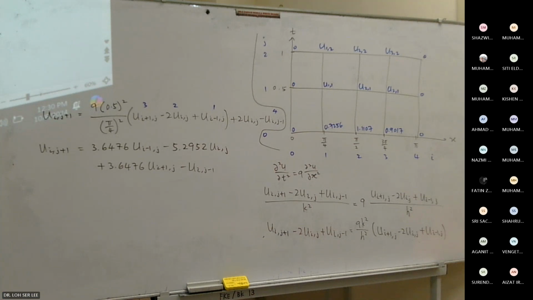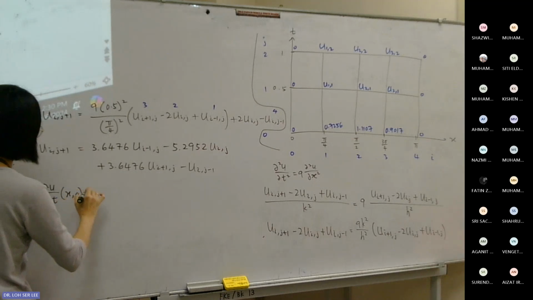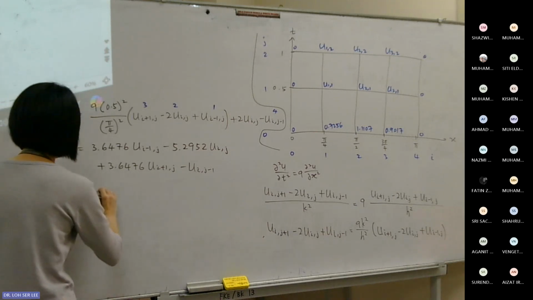And the second formula, value del t x0 is not equals to 2. Okay, equals to 2.